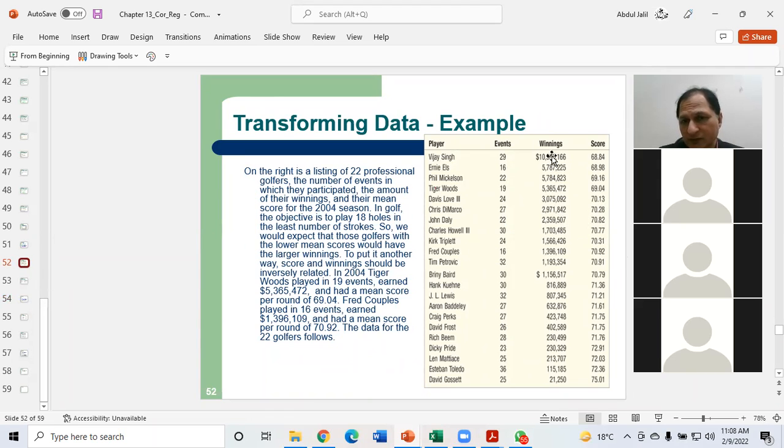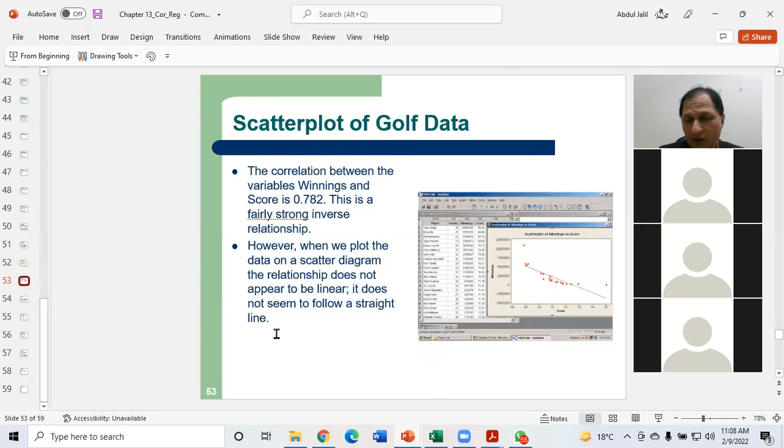So we take the log of winning, or we can take the log of the score as well. There is no issue, but there are different options available for different models.